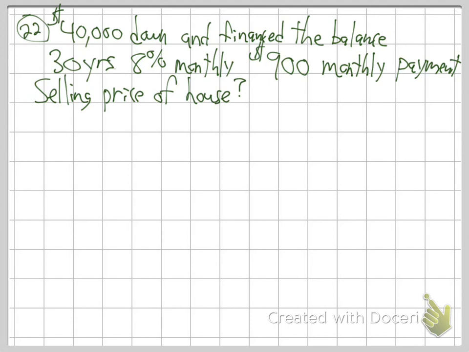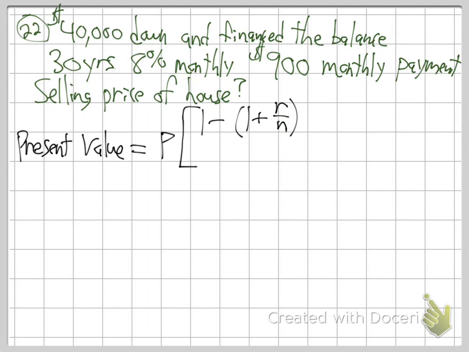All right, so how do we figure out the selling price of the house? So we're going to use the present value formula because we get the money now. So P bracket, present value: 1 minus 1 plus R over N to the minus NT, over R over N. So there we go for that.